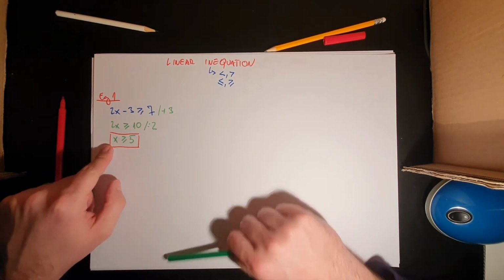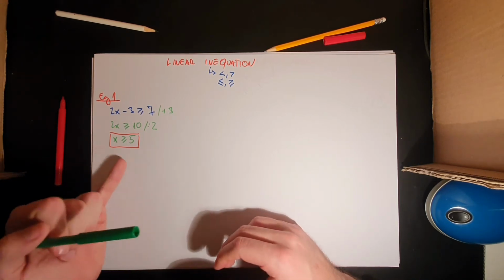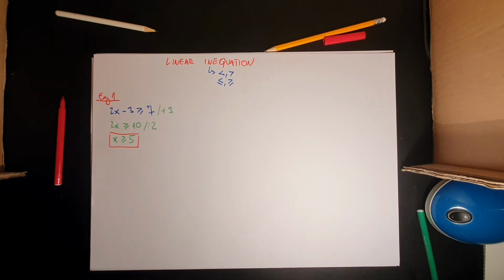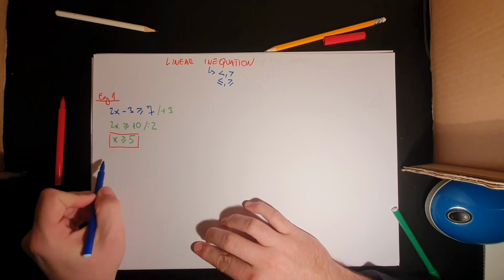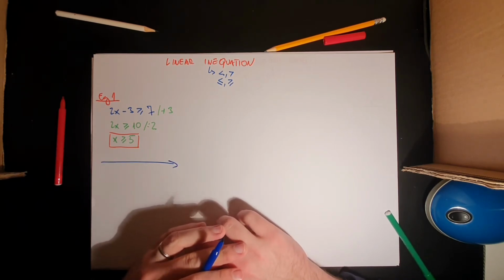We want to put this into a set, so we want to know for which x's this inequation is going to work. The thing you can always do is use the number line, and this is what I would suggest doing each time, no matter how simple things look.